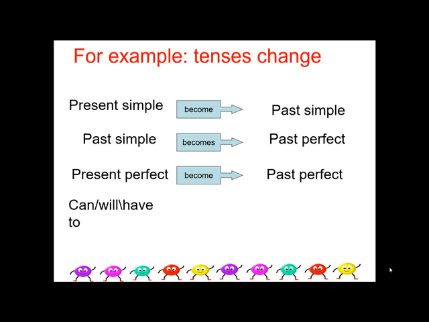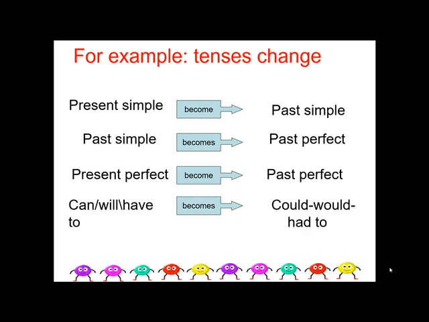What if my statement included one of the modal verbs, can or will? It should be changed into could or would. What if I have to in the statement? In that case, I change it into had to.